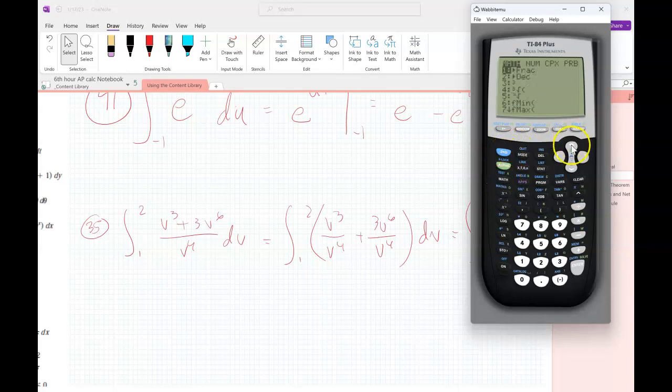So we'll do math fnInt, 1 to 2, y1, dx, and this should be the natural log of 2 plus 7. Yup.